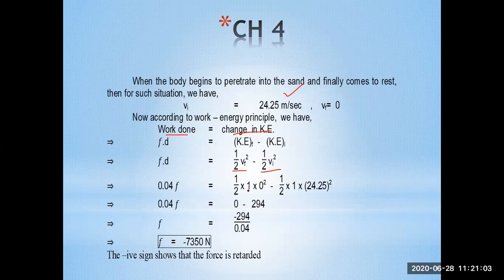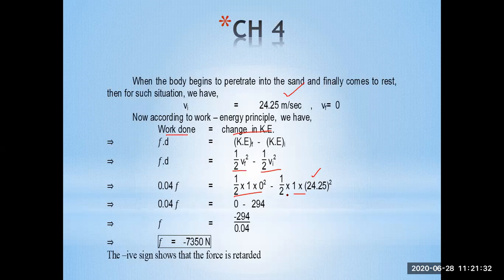So if you look, this is half m v squared, half m vf squared, the kinetic energy, and the mass is 1. The velocity with which it hits the ground is the initial velocity, and the final velocity will be 0.